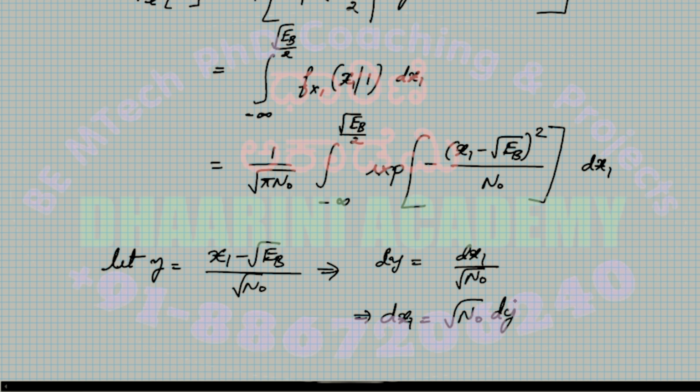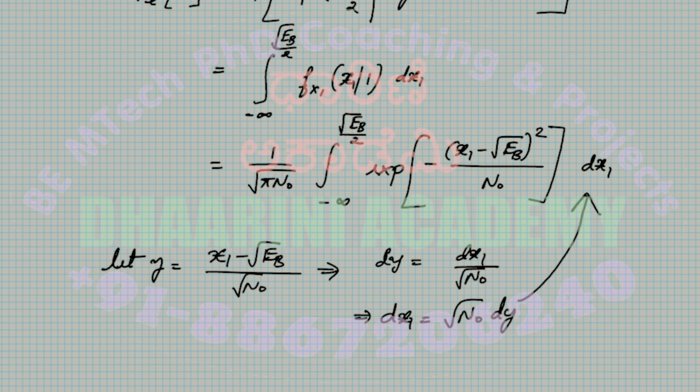That's what is going to come and occupy this place when I substitute everything. Okay, now let's also do the calculation. x1 varies all the way from minus infinity till root Eb by 2, correct? So I need to change the limits definitely. Okay, so let's change the limits now.